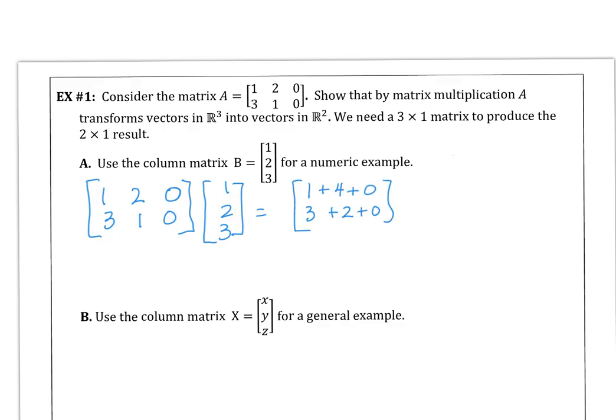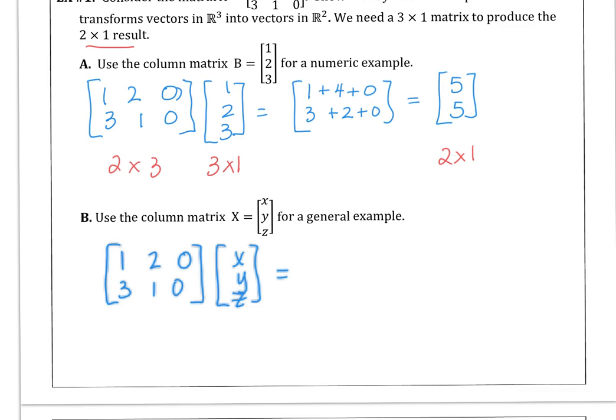The result is going to be a 5, 5. So we have 2 rows, 3 columns by 3 rows, 1 column, we end up with 2 rows, 1 column, which is what was stated initially. We want to use the column matrix XYZ to give a generic example.